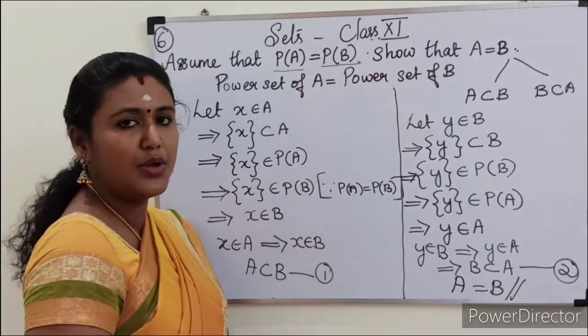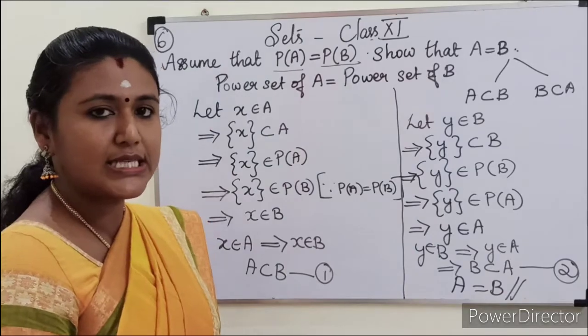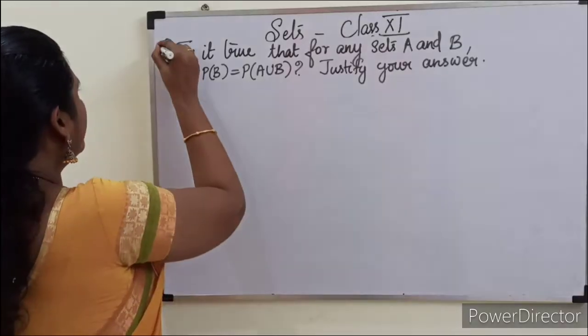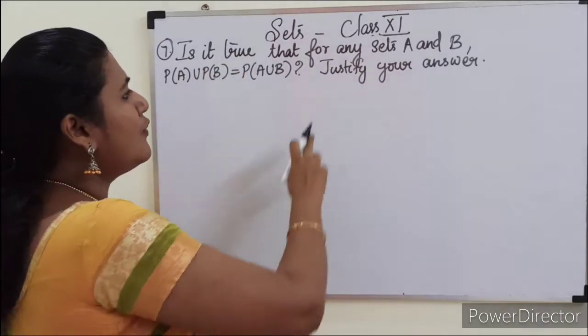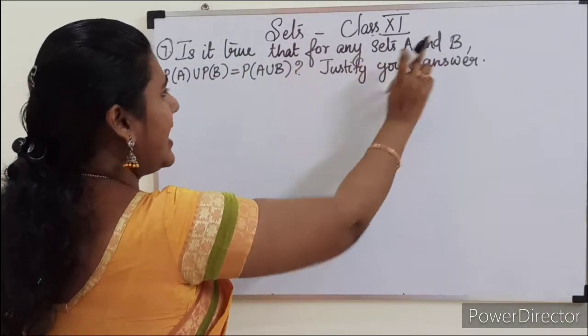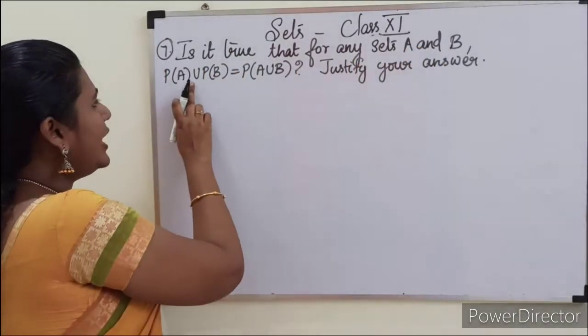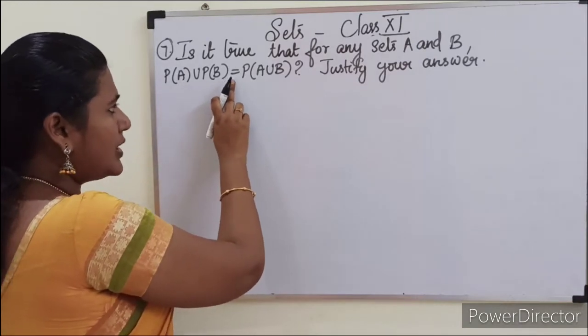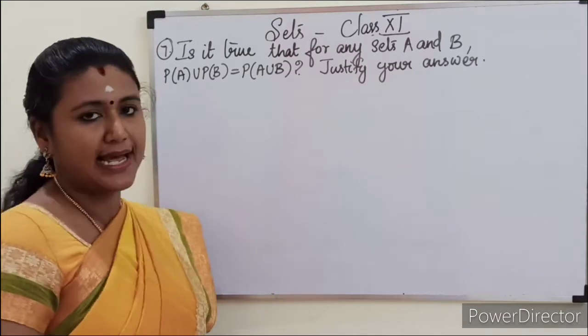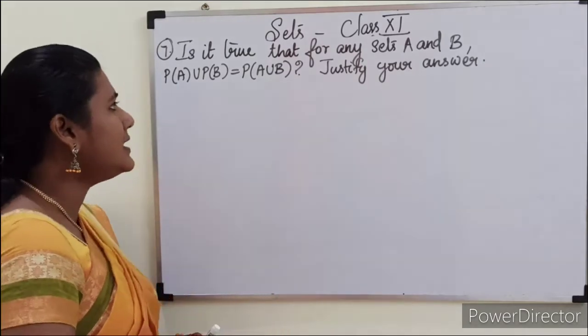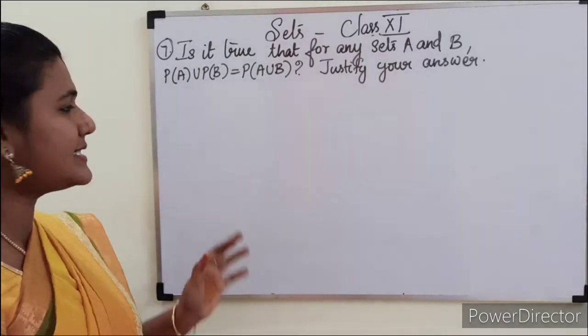So this is how you have to prove. Now we will see the next question. So question number 7. Is it true that for any sets A and B, P of A union P of B is equal to P of A union B? Justify your answer. So here in the question they have given a statement.